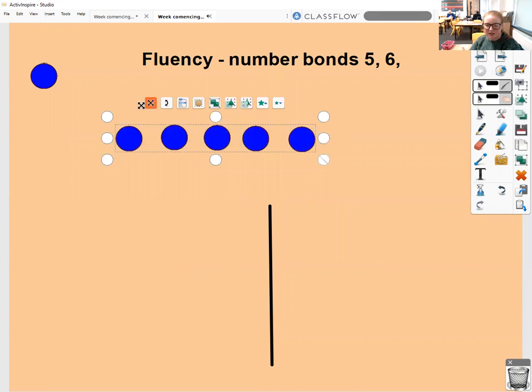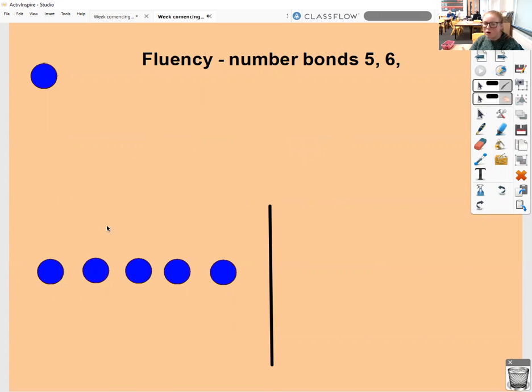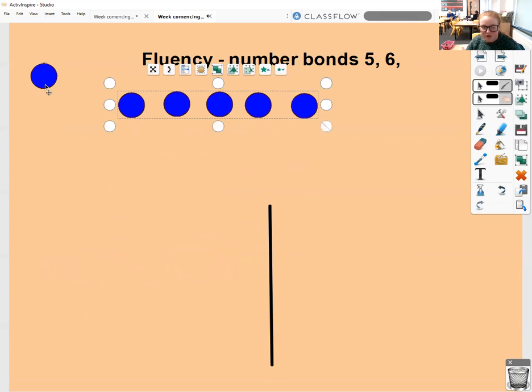Our next number bond is going to start with 5. If one part is 5, the other part will be 0. So 5 plus 0 more equals our whole, which is 5, or we can say one part is 5, one part is 0, our whole is 5. So those are all our number bonds to 5.